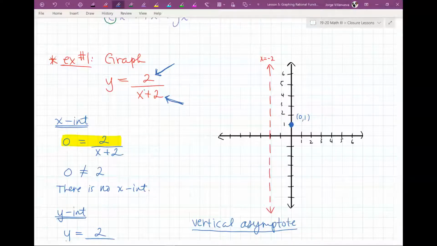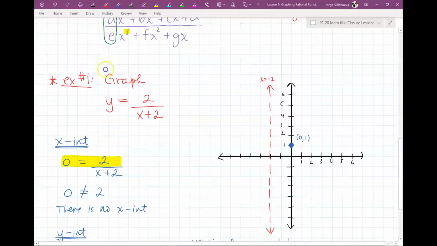The next question, does the denominator have a higher degree than the numerator? And the answer to that is yes. Because the highest degree in the x plus 2 is x to the first, and on top there is none, so that would be a 0. So it is true that the denominator has a higher degree than the numerator.